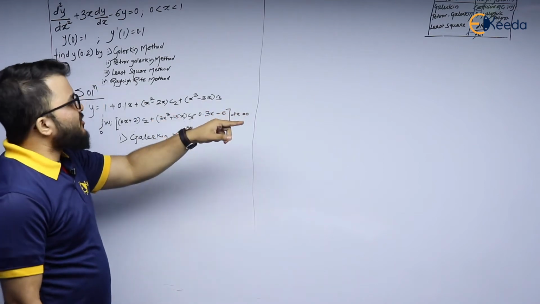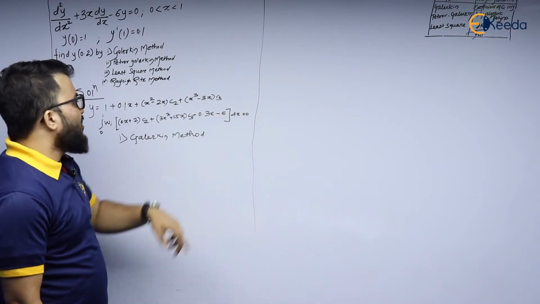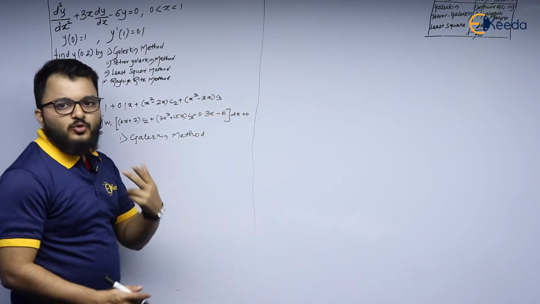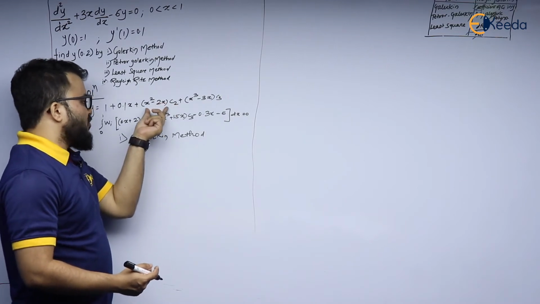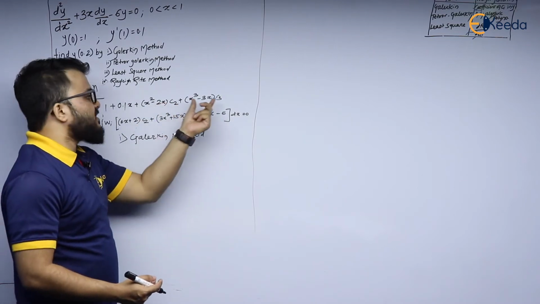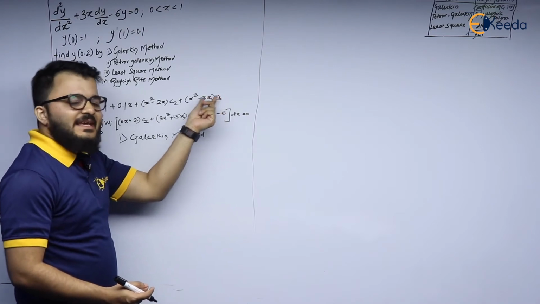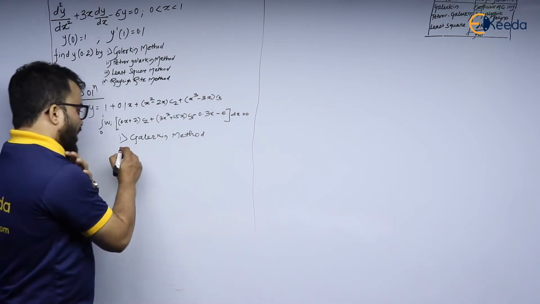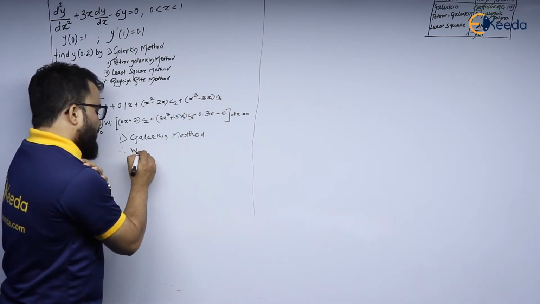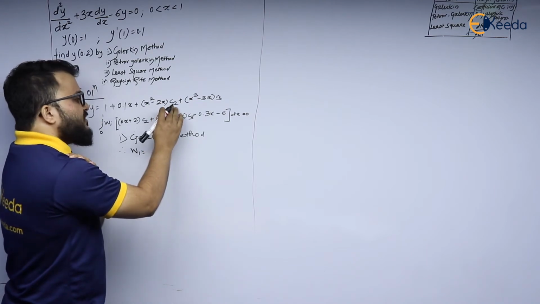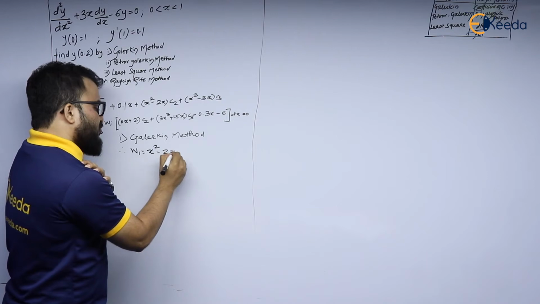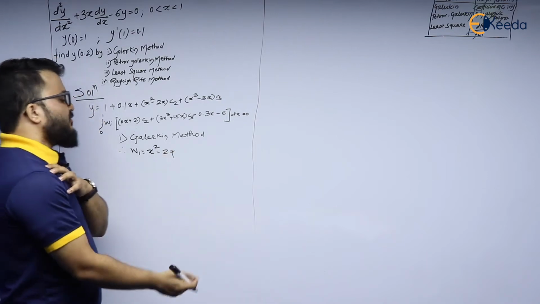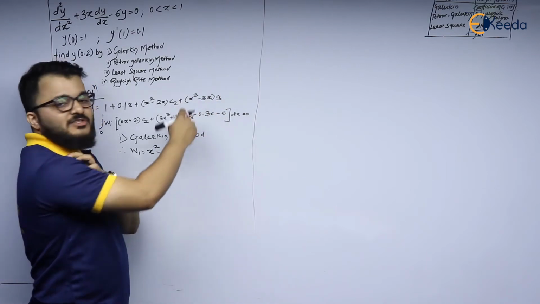So the coefficients of C2 and C3 in y. You have to solve two equations: first I will put the coefficient of C2 in the first equation, and after that the coefficient of C3 in the second equation. So w1 will be the coefficient of C2, that is x square minus 2x, and for the second equation we will use the coefficient of C3.